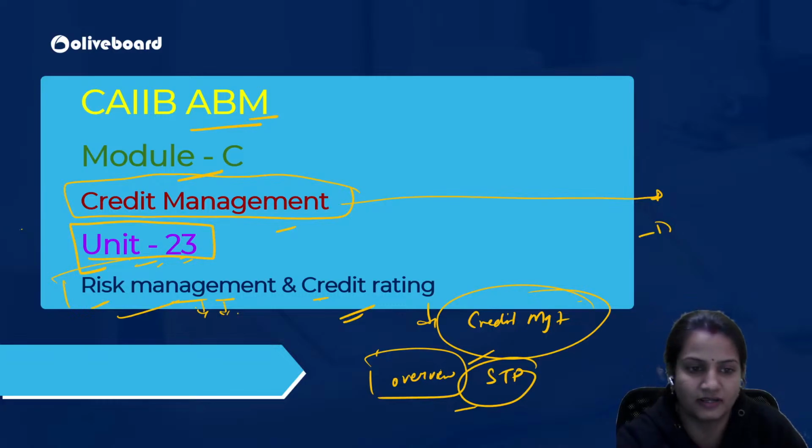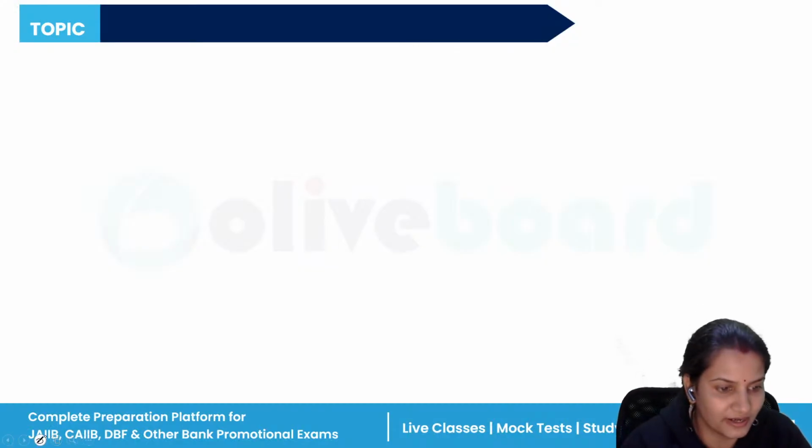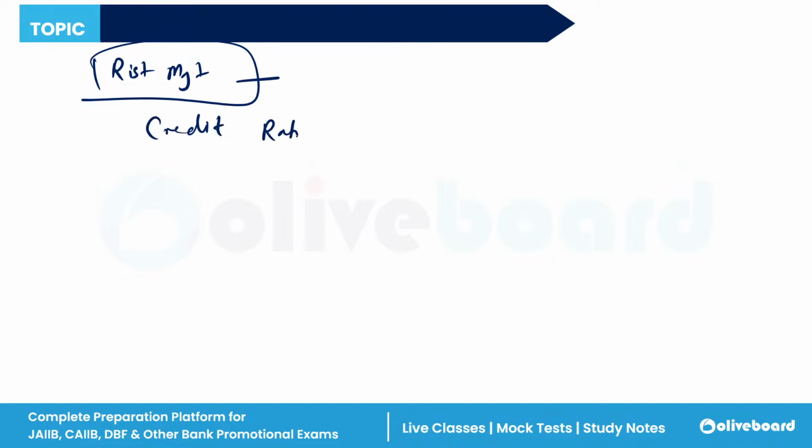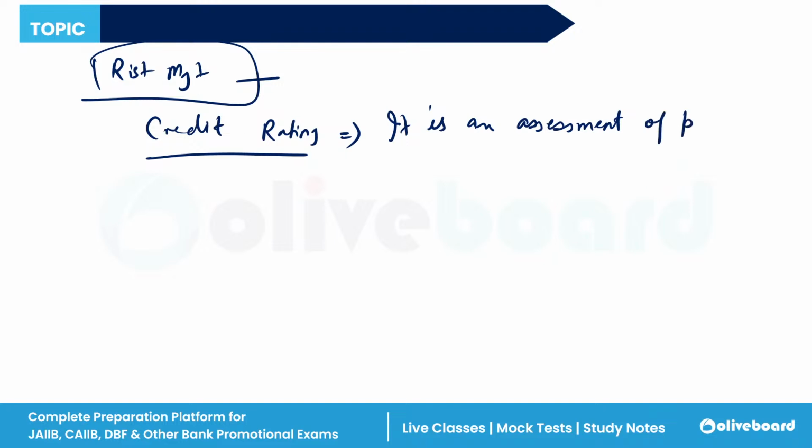Here, what is risk management? Now, what is credit rating? We have seen risk management to manage the risk from the borrowers and lenders perspective. Now, what is credit rating? It is an assessment of a person's ability to repay debt.